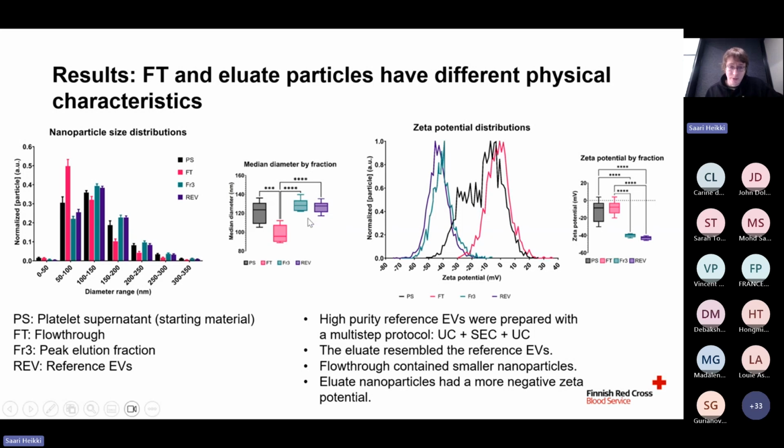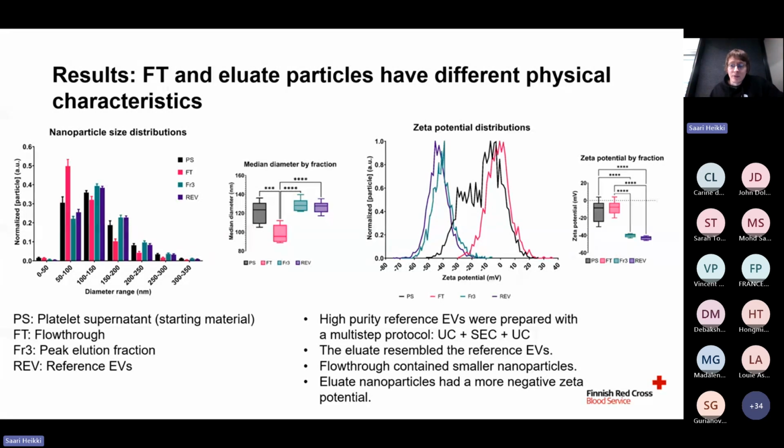And we find that the fraction 3 particles resemble these reference EVs very closely in their size and also in surface charge. And the flow-through particles had much less negative surface charge than the EVs, which makes sense considering that anion exchange binds negatively charged particles.